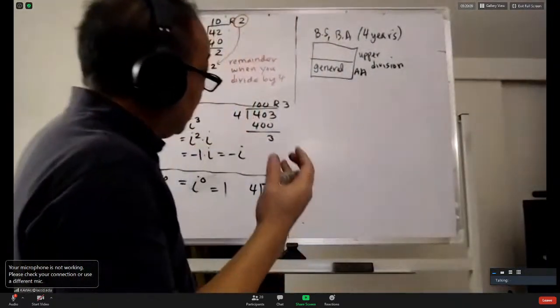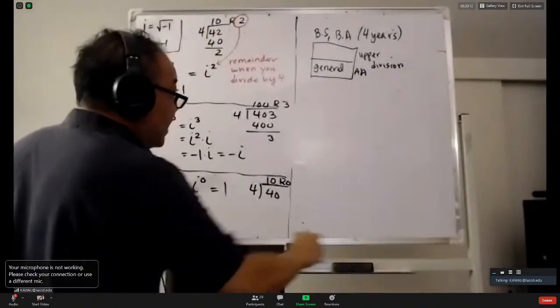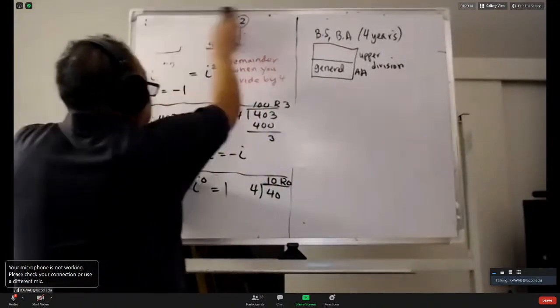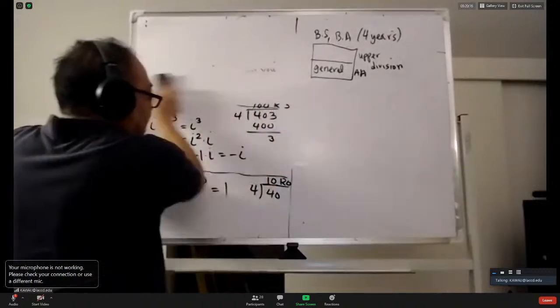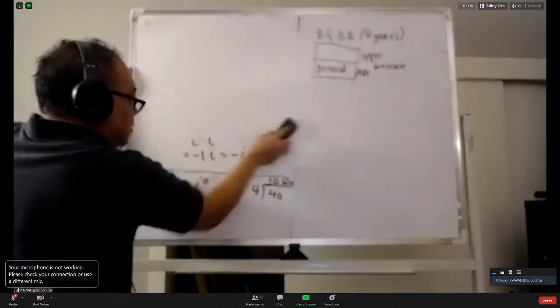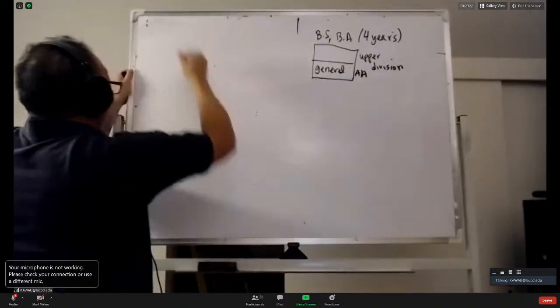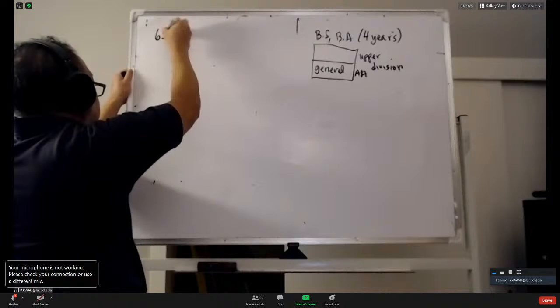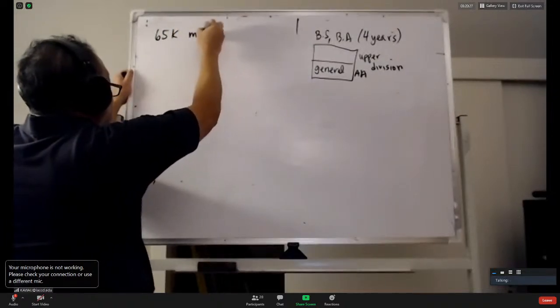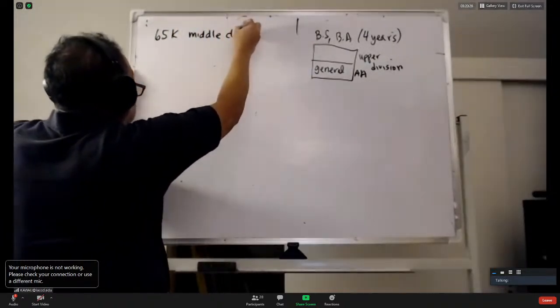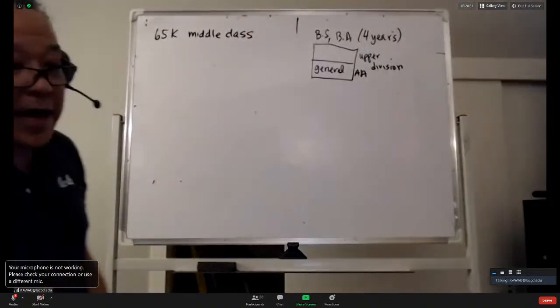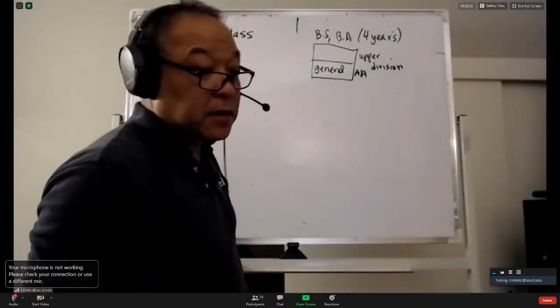Okay. Now, what I tend to like are majors where after my bachelor's, I have a middle-class job. So the question is, what's middle class? Middle class in California is $65,000. Does middle class buy you a house in California? Probably not.